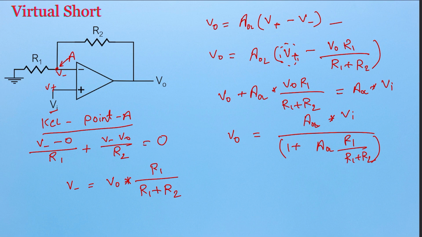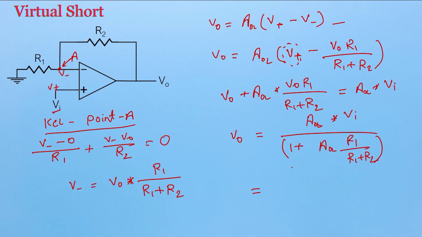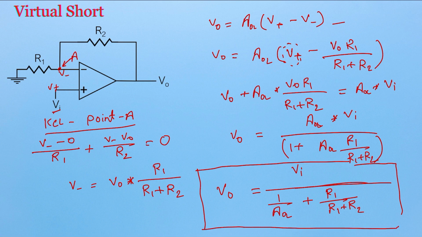If we further simplify this, taking AOL common, we can write V0 is equal to Vi divided by (1 by AOL plus R1 by R1 plus R2). So this is what we get if we just do the KCL and use the output expression of the op-amp.